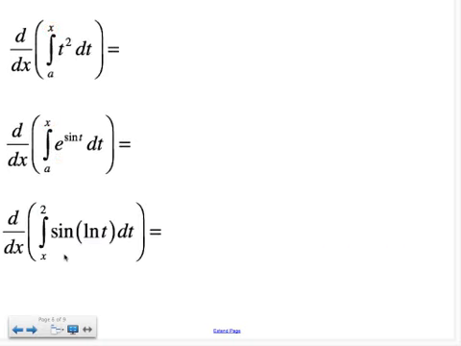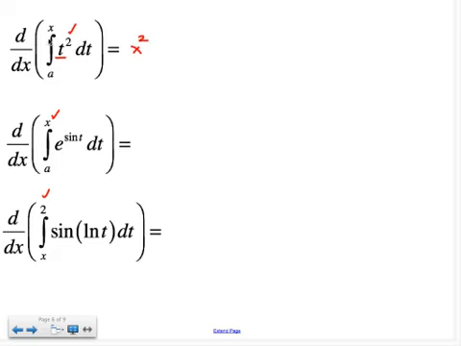Let's do a couple quick examples. So we've seen that these three functions here could be area finders, and we can now calculate the derivative of the area finders and do all sorts of analysis. The fundamental theorem says the derivative of an integral function is the integrand, here t squared, as a function of the upper limit. So instead of t squared, the integrand becomes x squared.